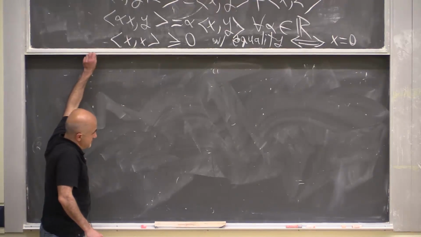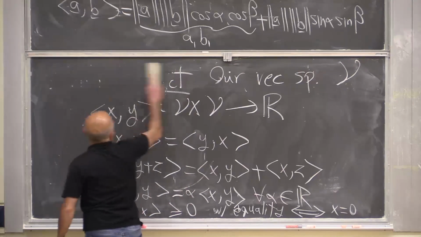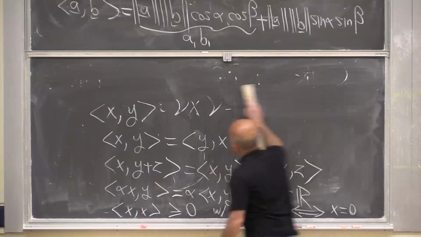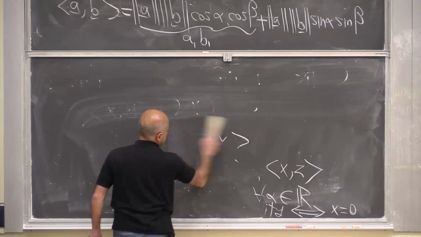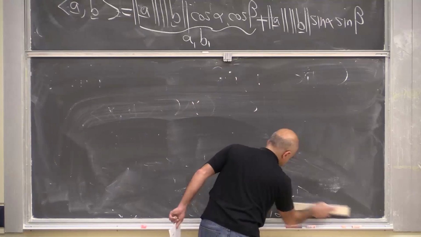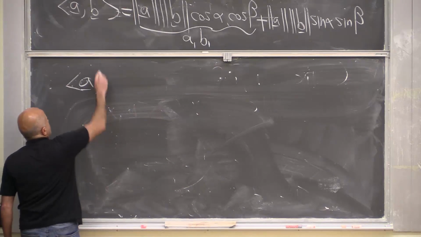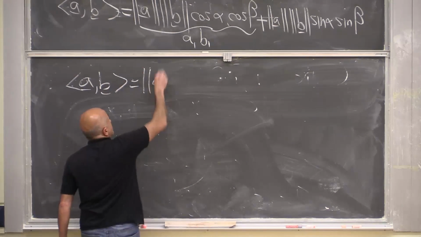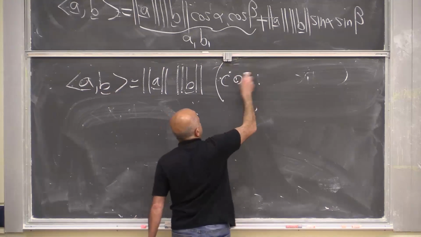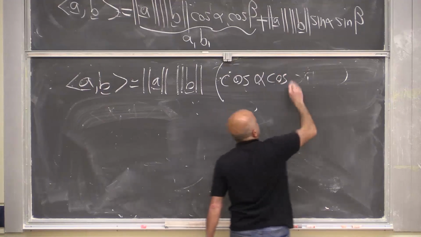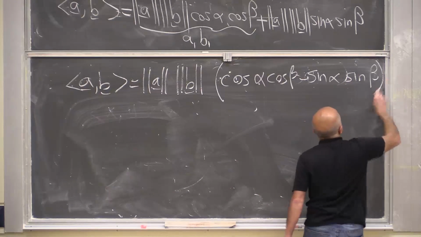Now, can you simplify those terms, Bill? So I factor out the magnitude of A and B, and let's see what we get. The inner product of A and B is the magnitude of A times the magnitude of B, cosine alpha, cosine beta, plus sine alpha, sine beta.